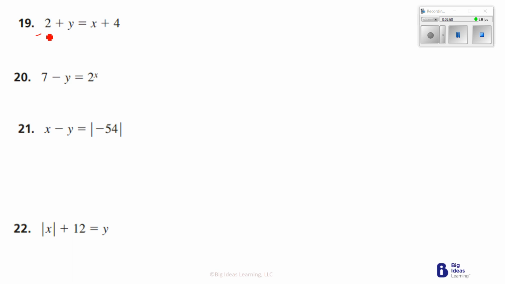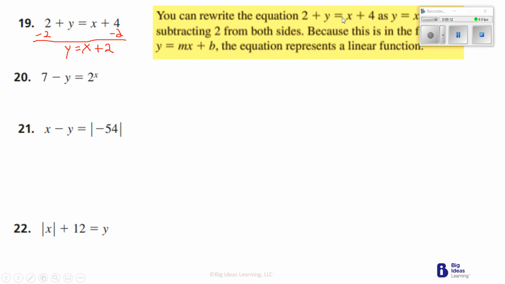We're going to subtract 2 from both sides. This gives me y, and they are like terms, so I can't combine them, equals x plus 4 minus 2 is 2. So that tells you right there it can be written in the form y equals mx plus b. This is a linear function.